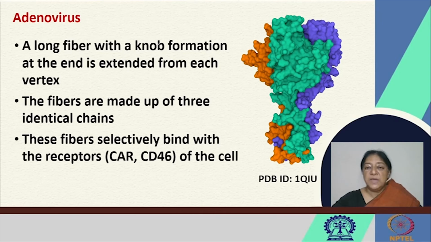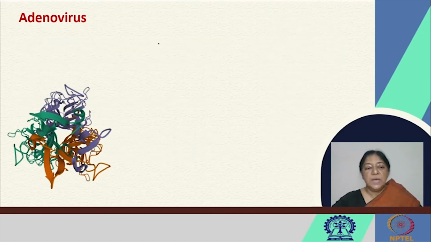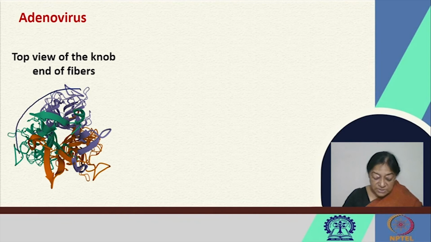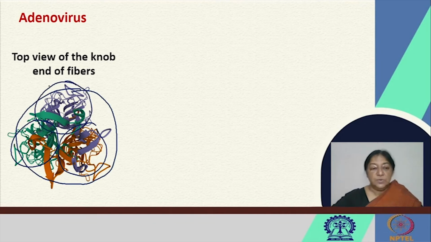And these fibers are what bind selectively with specific receptors of the cell. So we have a top view of the knob end of the fibers where we see 3 of the units here. There is 1, 2, and 3 of these units.